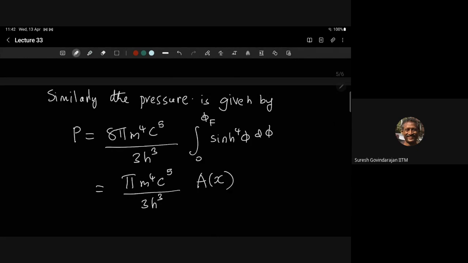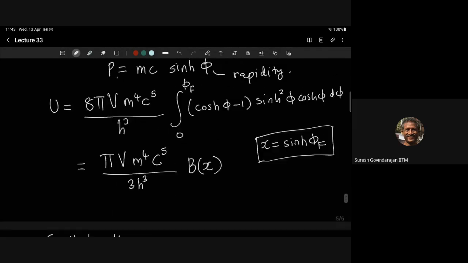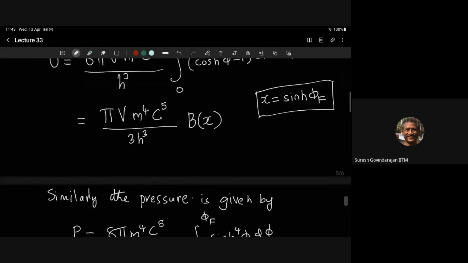You may need to make some change of variables. So you can actually get explicit formulae for a of x and b of x. These functions are defined. Just remember that U is some factor times b of x, and P is the same factor times a of x, up to a factor of V. So U by V, if you wish.